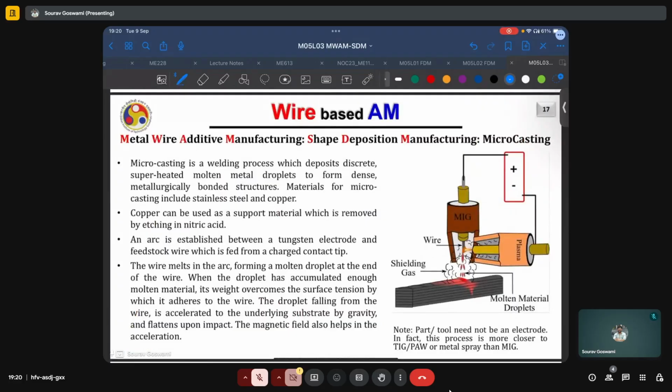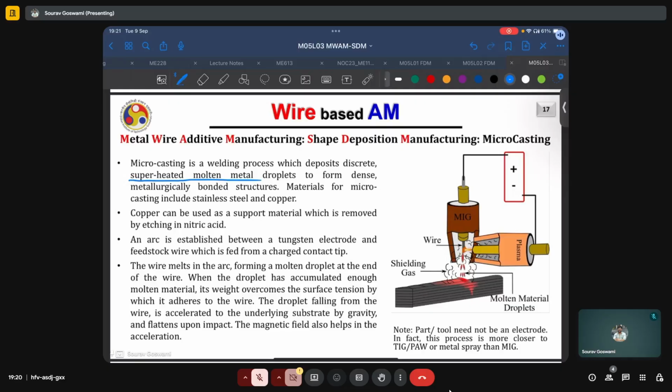In microcasting, we deposit discrete superheated molten droplets to form dense metallurgically bonded structures. Materials for microcasting include stainless steel and copper. The reason for heating these metallic materials to a superheat and not just the melting temperature is because when this molten material droplet is falling or comes in contact with the pre-deposited layer or the substrate, it is not sufficient that the material itself was molten and then solidified.